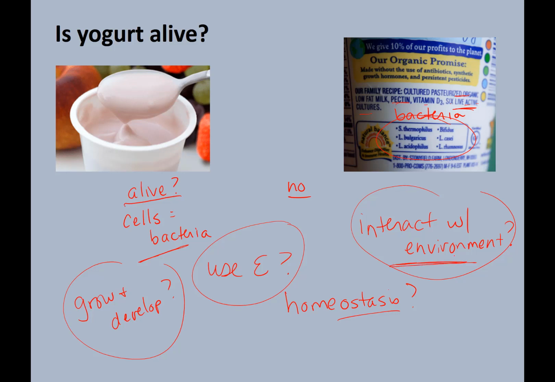Even a dead leaf will interact with its environment and get blown away by the wind, right? Chemicals can grow. You can grow crystals. So I want you to think about these and be able to apply the 7 properties of life in different scenarios.